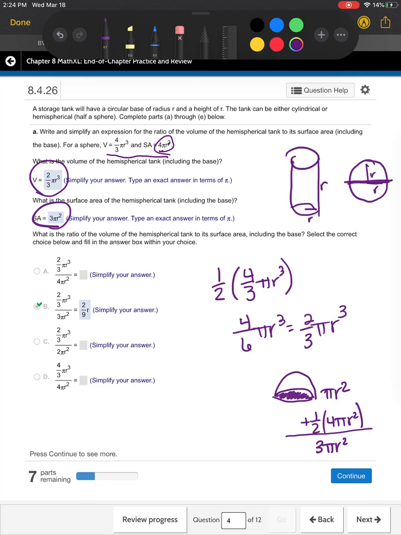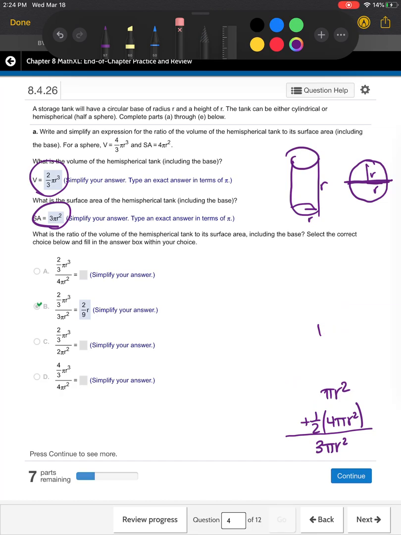Okay, so then it's asking us to write a ratio of the volume to the surface area, which puts volume on top, so 2/3 pi r cubed on top, and over the surface area in the bottom, which is 3 pi r squared. So we do want this ratio here.